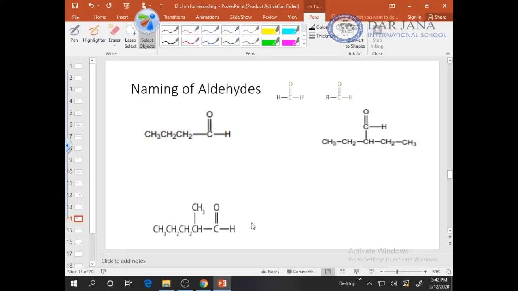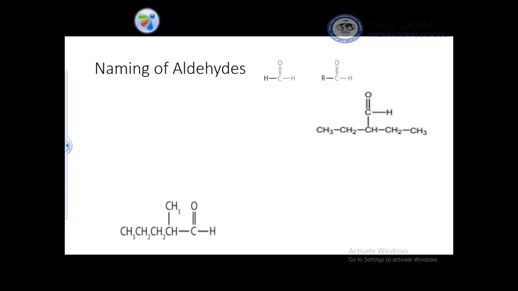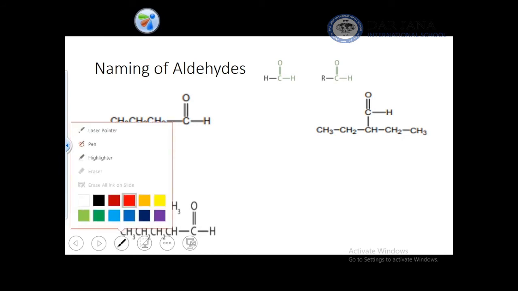So let's see how to name aldehydes. First of all, select the longest carbon chain containing the carbonyl carbon. So look over here. This molecule is called butanal because it contains 4 carbon atoms.